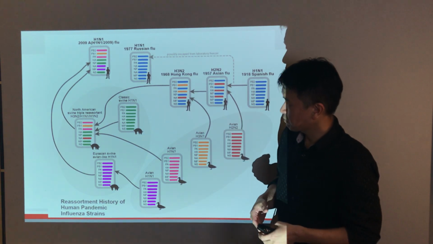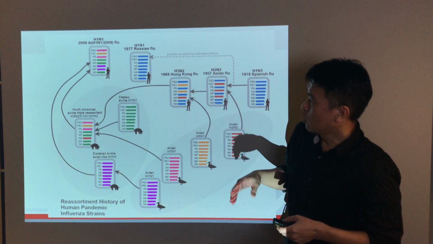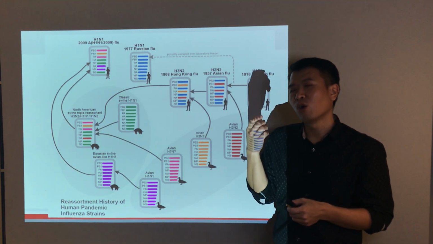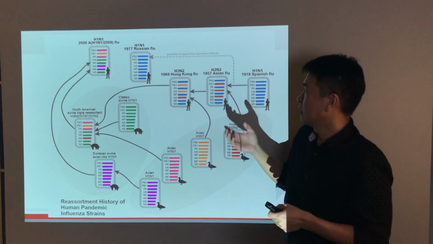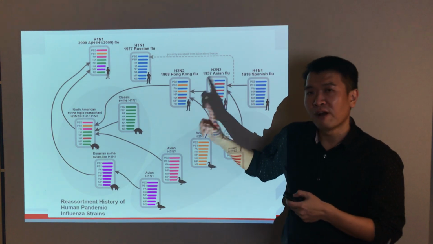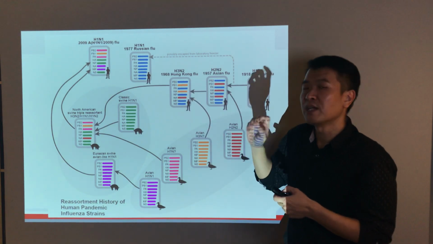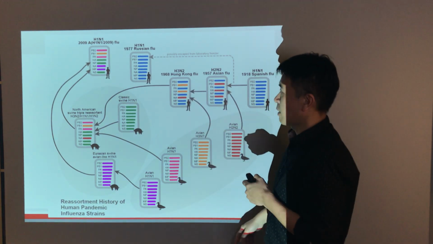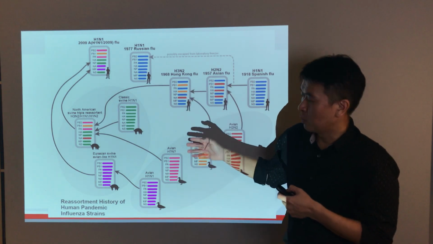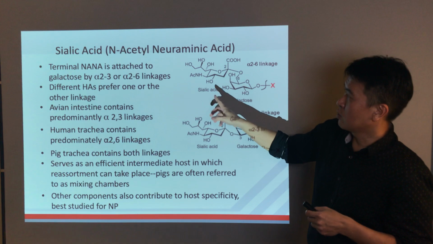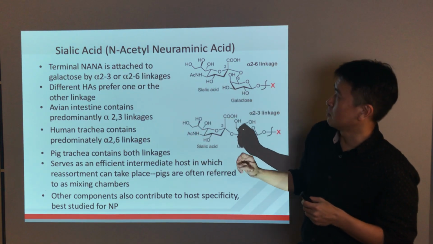So you might wonder, shouldn't a virus be host specific, right? So remember the HA of the influenza virus infects the sialic acid receptor, which is present in human, avian, as well as swine. So I would like to introduce you to this sialic acid.